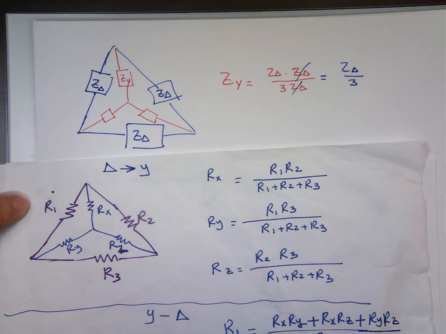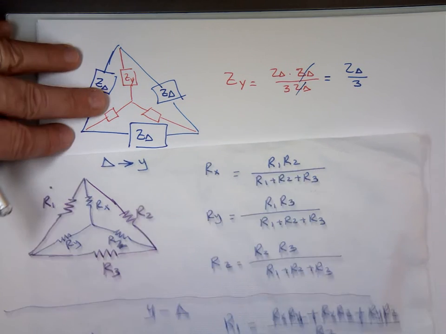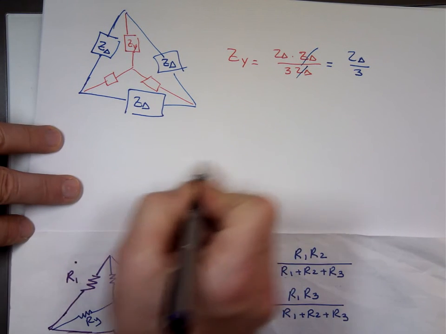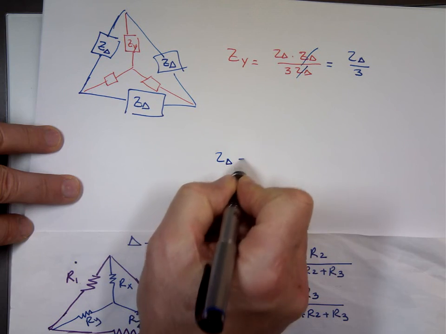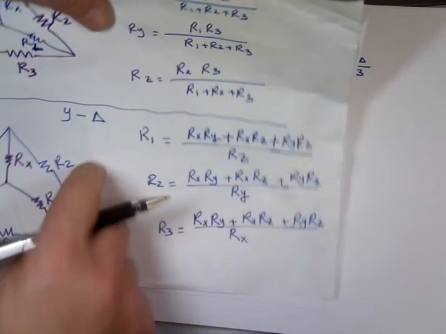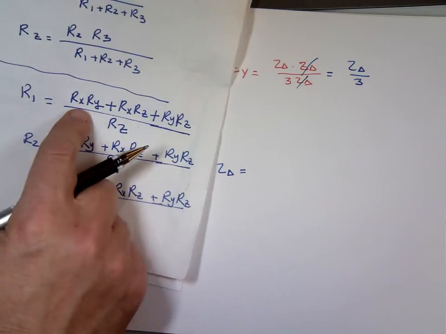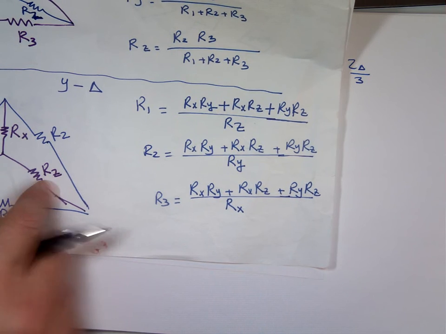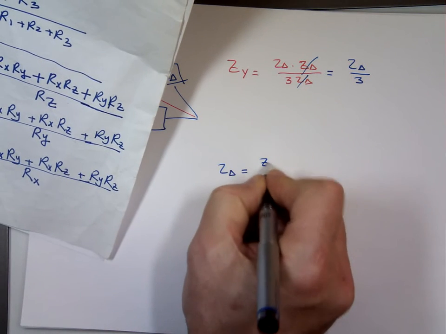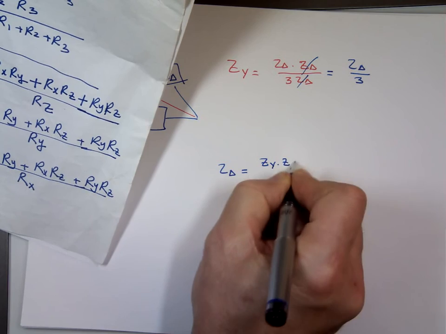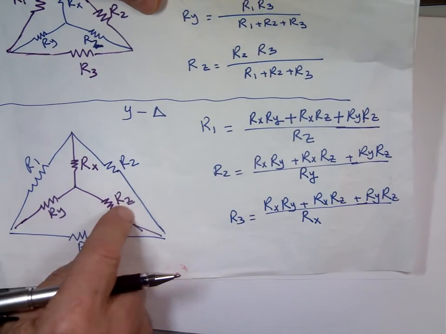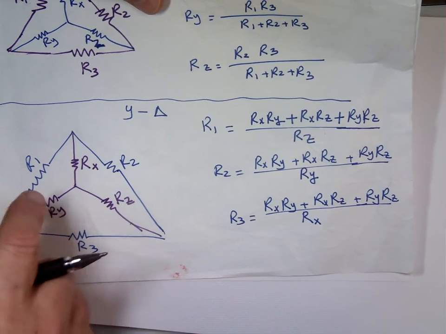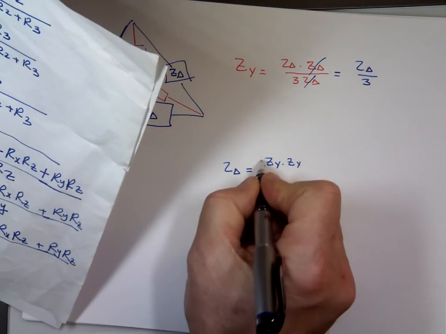To do the reverse here, Z delta, if you want to find Z delta, if you know the Y values, here's the equation for that. It says multiply ZY times ZY plus ZY times ZY. This times this, plus this times this, plus this times this. There's 3 sets of them. Over what?